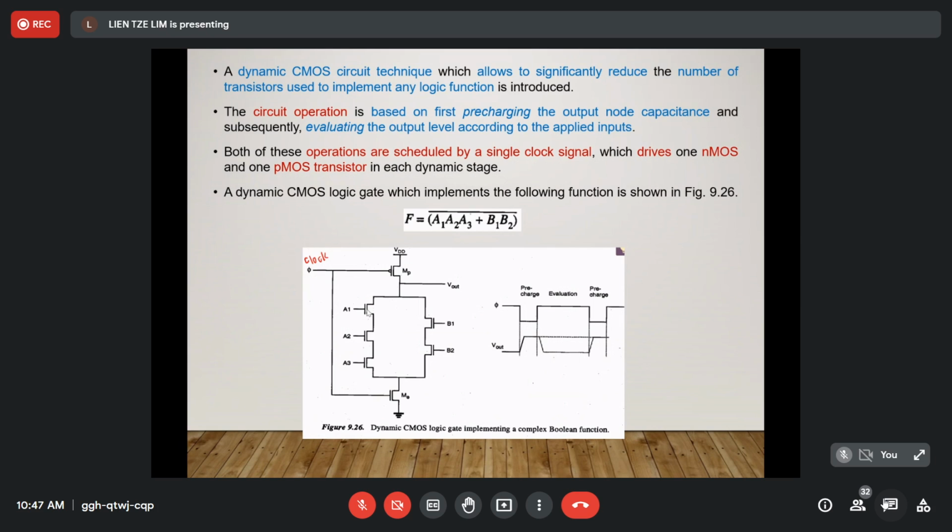The pre-charging process here means there is a charging up across the capacitance. You may wonder where the capacitance is. Here it mentions the output node capacitance. So at the output here, there is a capacitance.